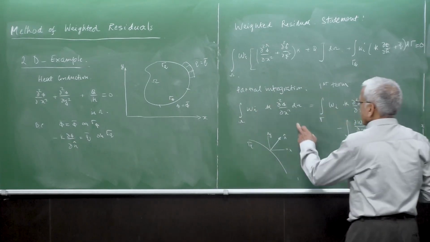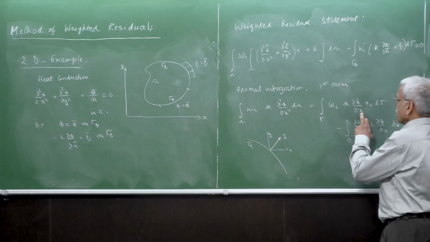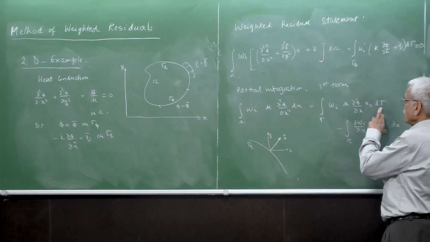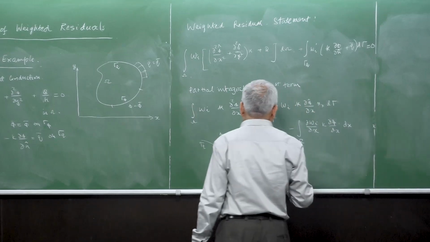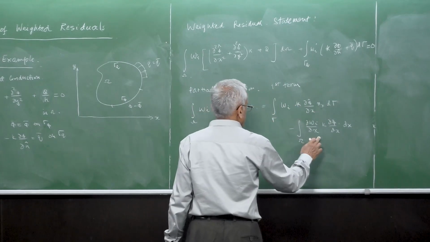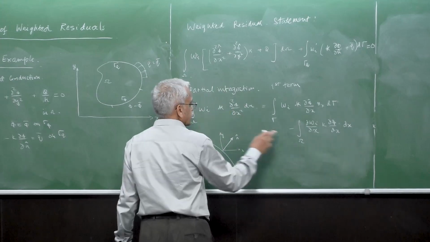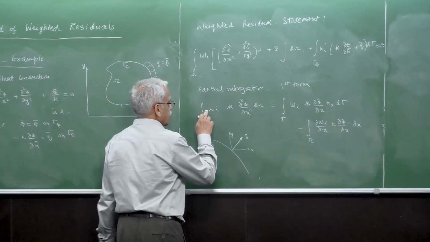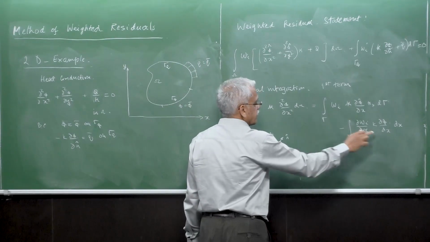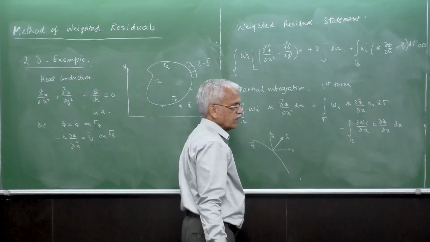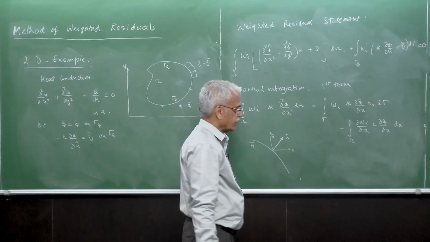So that means here this is ∂φ̂/∂x times nx times dΓ over the boundary Γ, and then there is another integral, as the derivative will come on Wi, ∂Wi/∂x, and the derivative on φ will reduce, k ∂φ/∂x. So this is the first term.